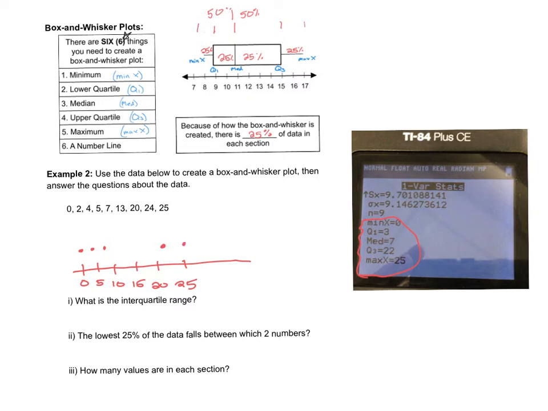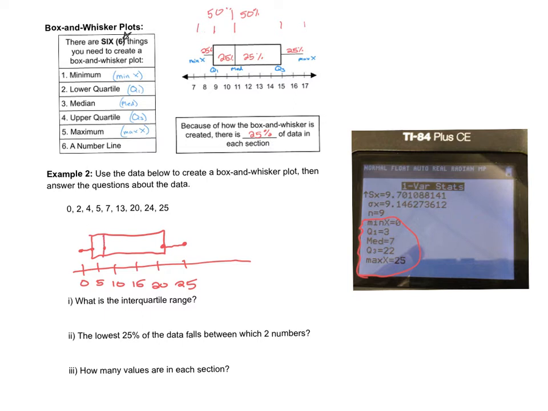And then our max at 25. So once you have those key 5 points, it's a matter of making sure it's a box and whisker plot. I always like getting the whiskers first, and then that's going to leave us with a box for that middle, which is our interquartile range, and then our median.